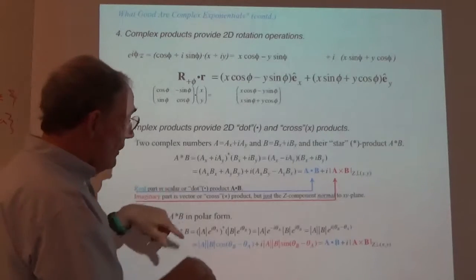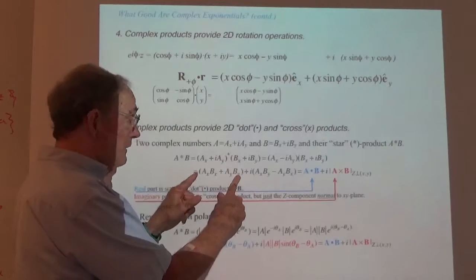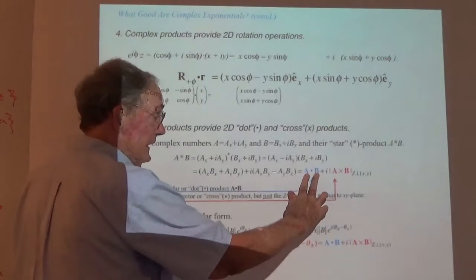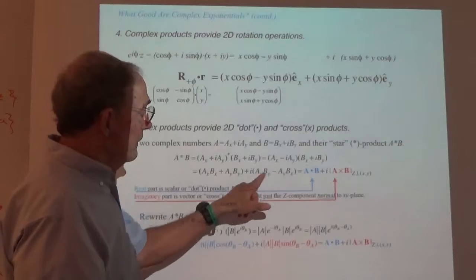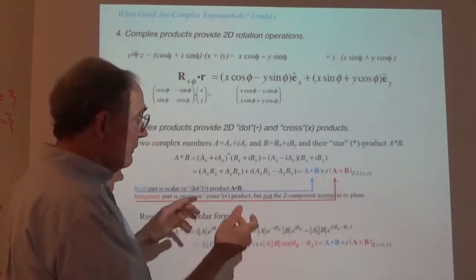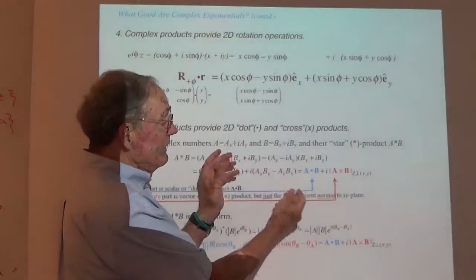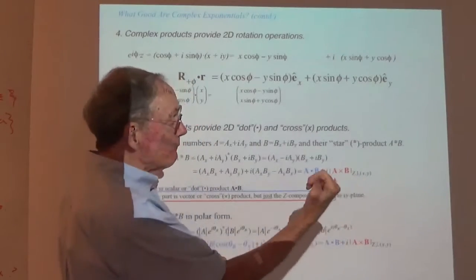You produce here an ax bx plus an ay by that you recognize immediately as a dot product of a and b. And then the imaginary part is this crazy thing, and this one I have to say a little bit about so that we don't get confused later on. But that is a z component, where z is, and now I'm talking about great big capital Z, it comes out of the board.